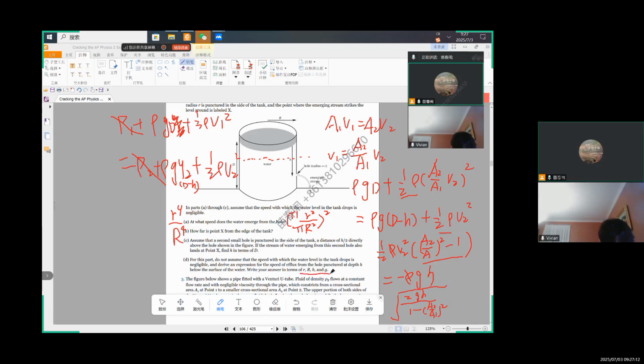Yes. So now there's only G, H, R, R. Now it's okay, right? Square root 2GH over 1 minus R over R to the fourth power, right? Did it make sense? So that's probably D, right?